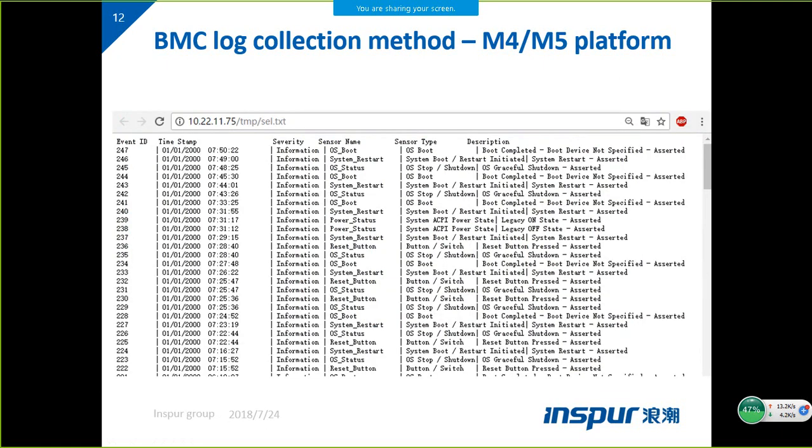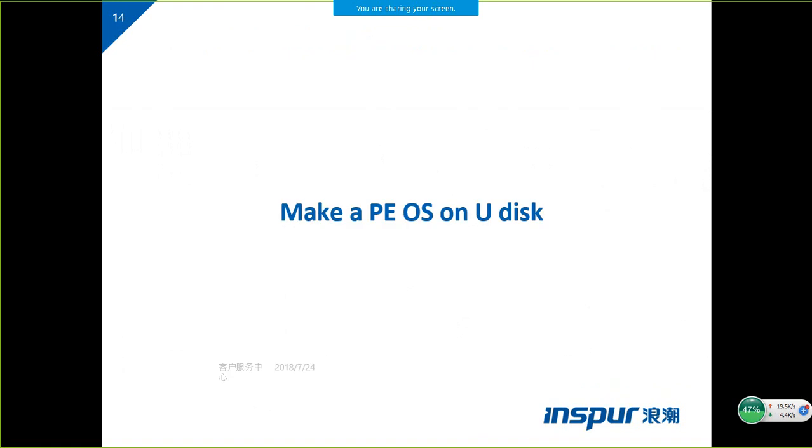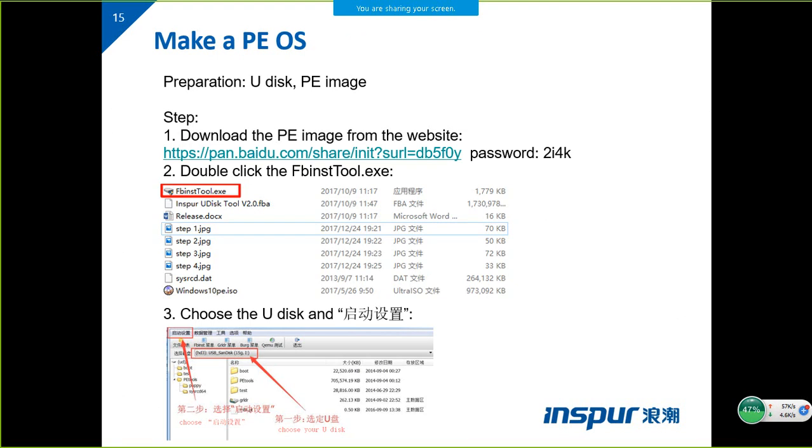You can select the location, and after that you can unzip the log files and check the information. And here is the black box. Sometimes we also need the black box log, so you also need to export it and make a PEOS on your disk.